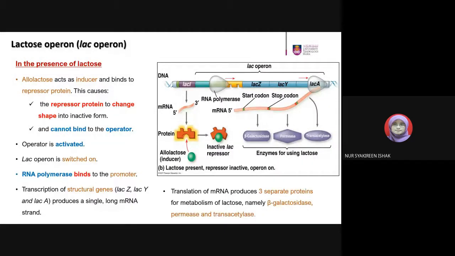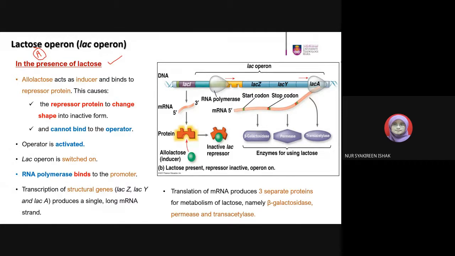Okay, so next, in the presence of lactose, so sekarang ni kita nak tengok keadaan presence of lactose. So ini adalah keadaan yang pertama. Lactose is present. So allolactose acts as an inducer and binds to the repressor proteins. So this causes the repressor protein to change shape into an inactive form.